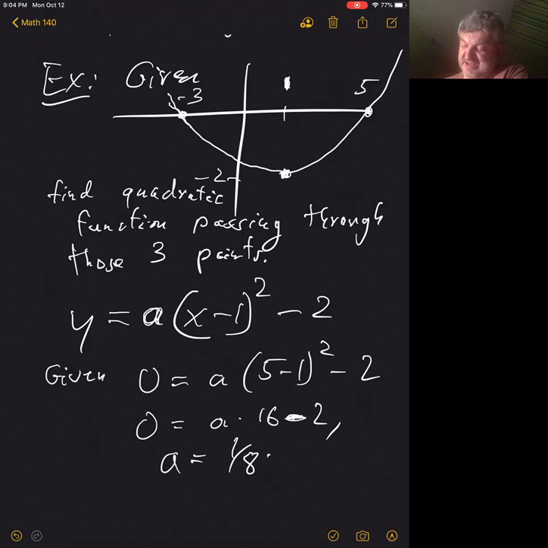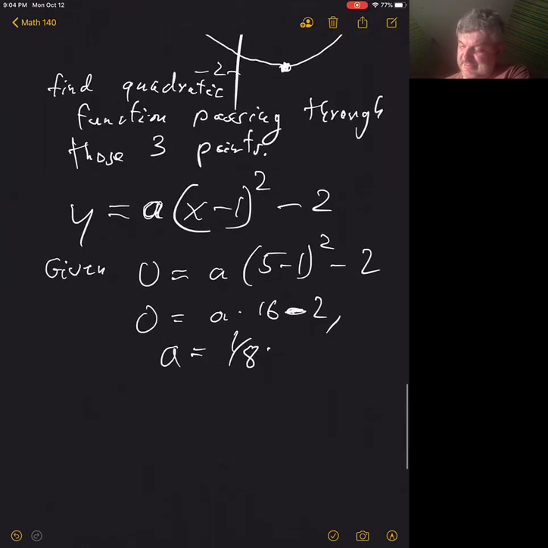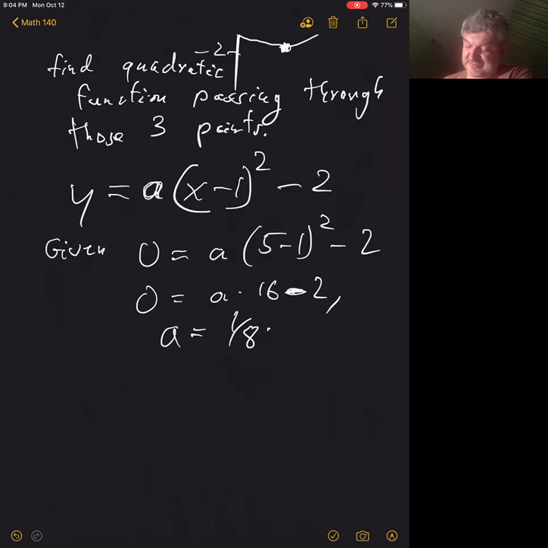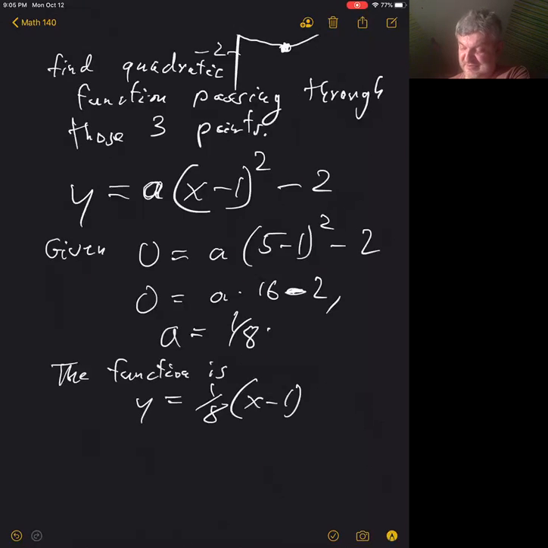And you can check when x is then -3, yeah, we also get 0 for y. Okay, so the function is y equal to 1/8 times (x minus 1) quantity squared minus 2. We got there by allowing this constant multiple out front.